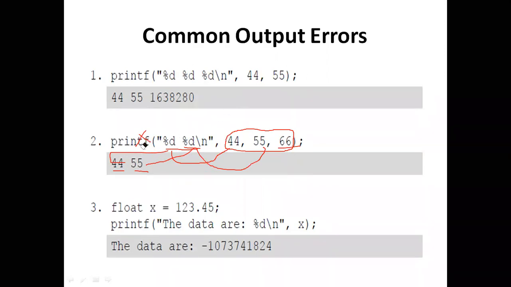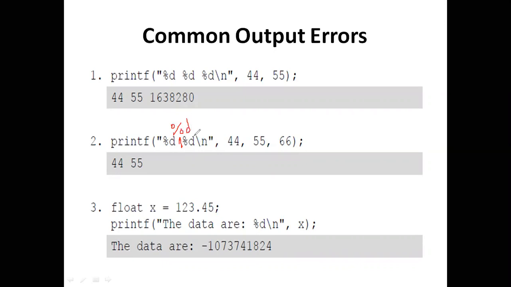And this is the other kind of problem we are going to face if we are not writing the statement in a proper way. Suppose we want to display three values, then we need to indicate one more percentage d.